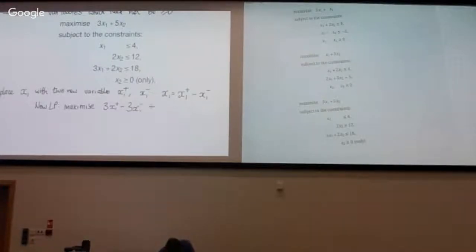Subject to the constraints. So what's the first constraint? That's easy: x1 plus minus x1 minus is less than or equal to 4. 2x2 is less than or equal to 12.